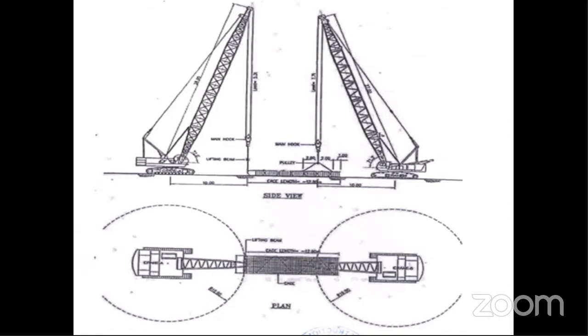The lowest capacity crane should be connected with the bottom, and the highest capacity crane should be placed at the top.